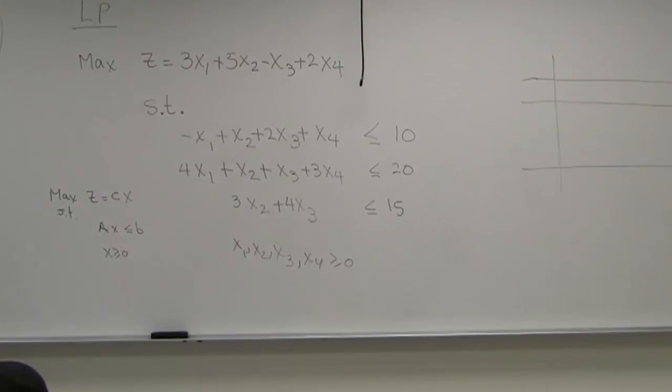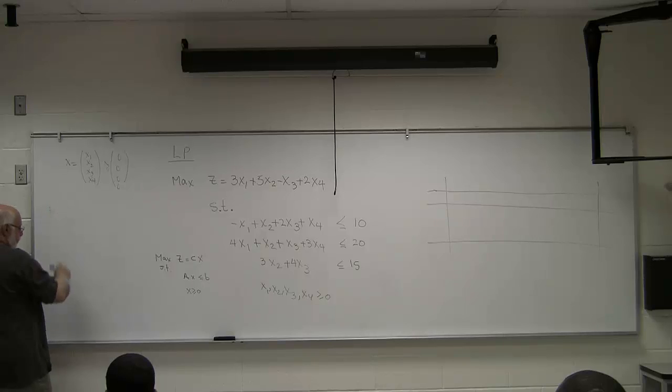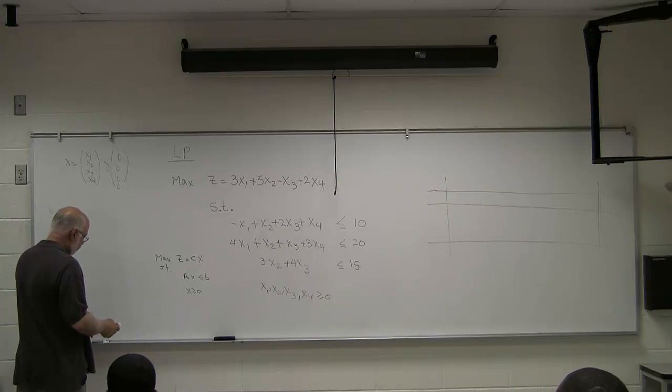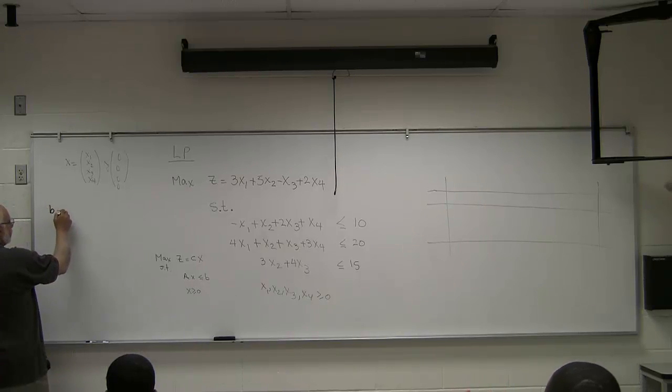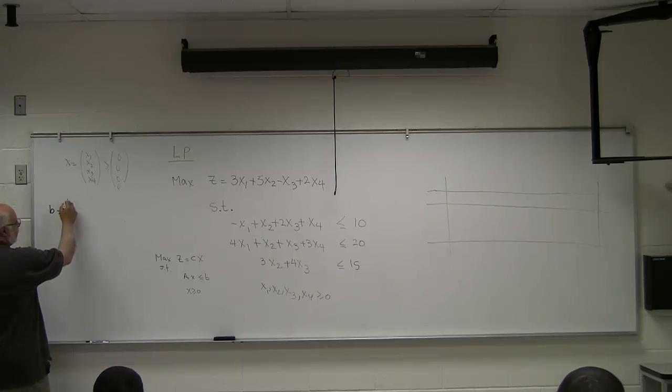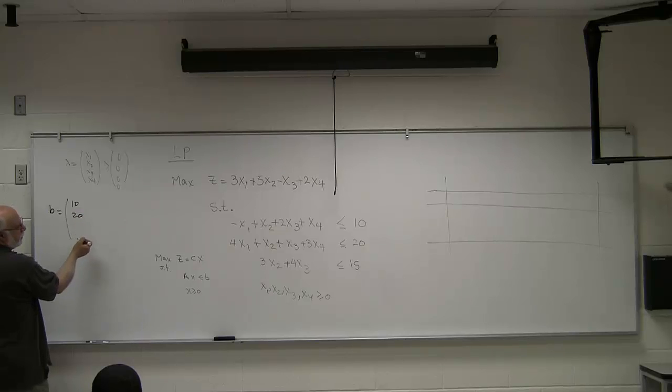Okay? B is going to be 10, 20, and 15. C is going to be 3, 5, negative 1, and 2.